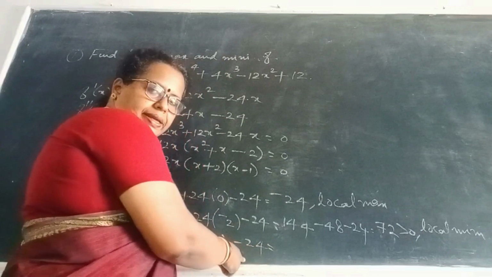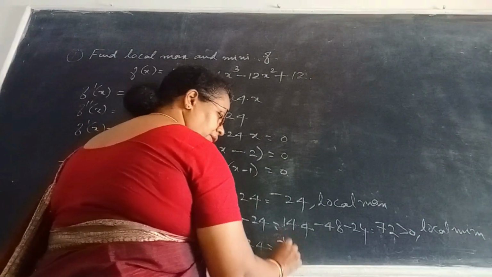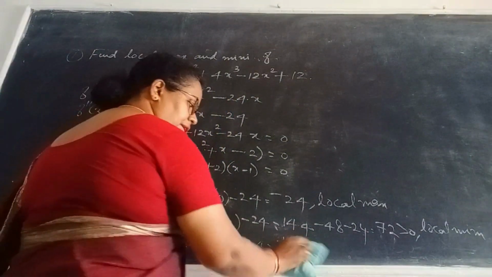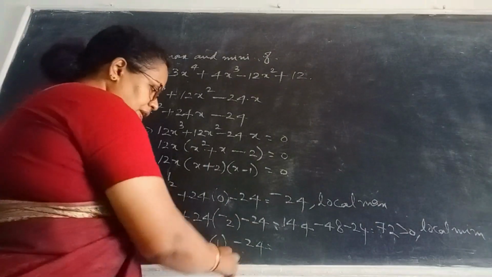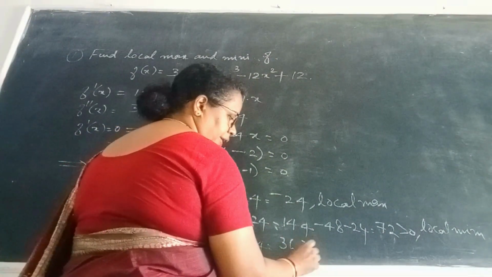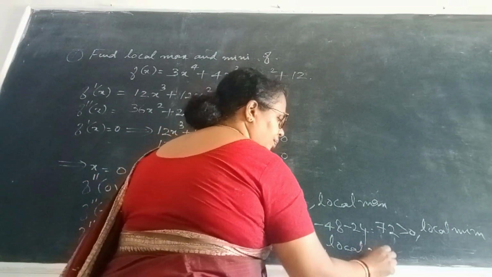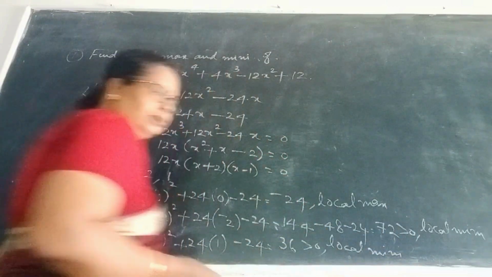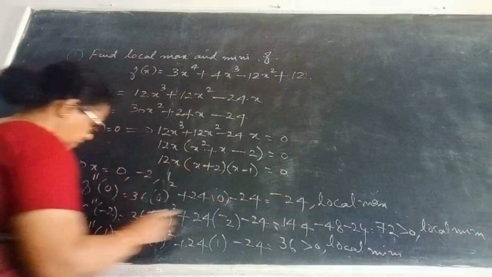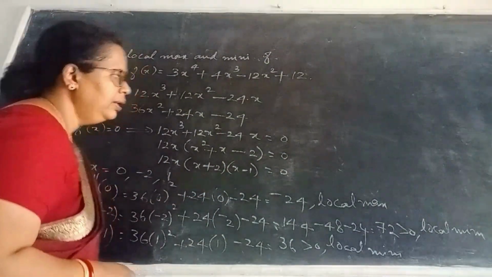There is no need to find the exact value; it is enough that we got a positive number. If we want, we can write the exact value, otherwise just write that it is positive. The number is 36, which is greater than 0, hence local minima. So at 0 it is local maxima, and at 1 and negative 2 it is local minima.